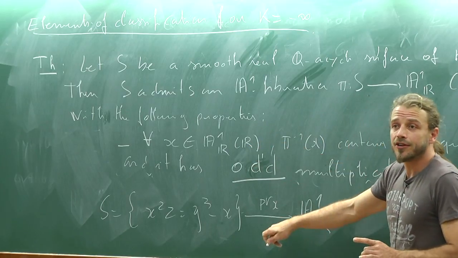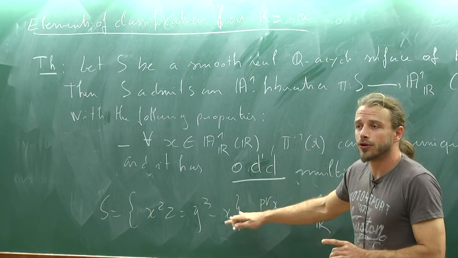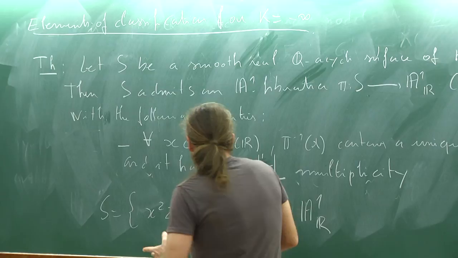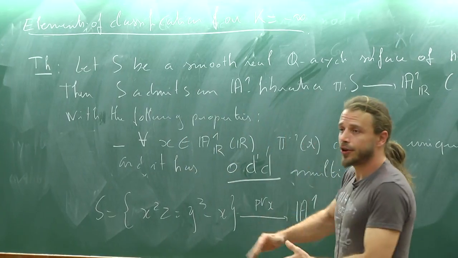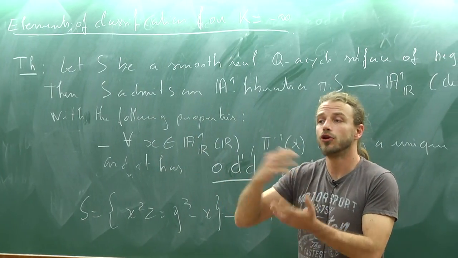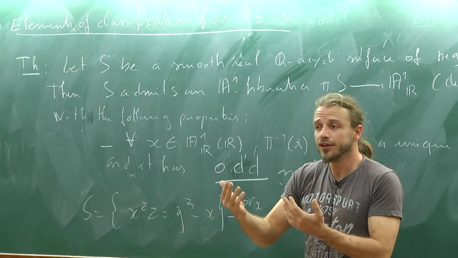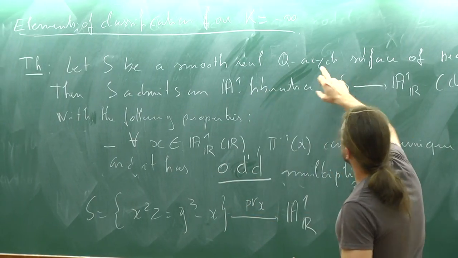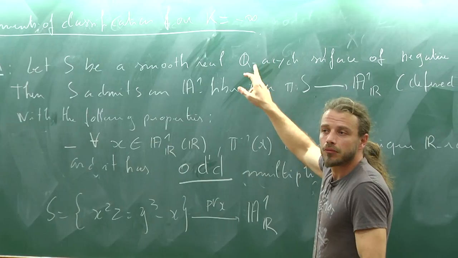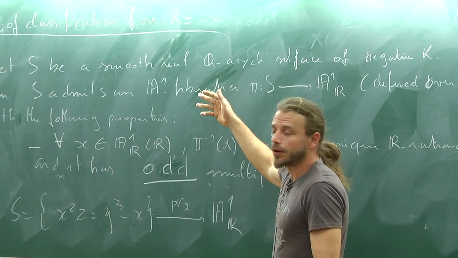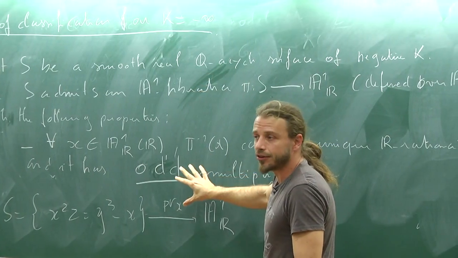So the statement is saying, okay, that should be the local model everywhere. But what I could have done in each fiber is to add pairs of complex conjugate things, but they would contribute to the H2. So Q acyclic implies really this.